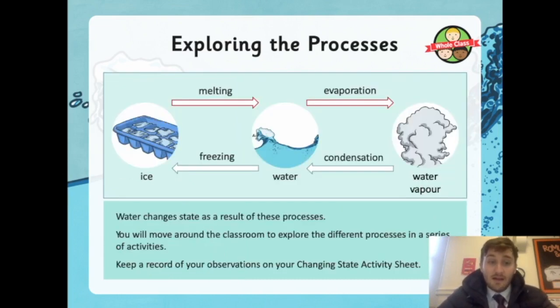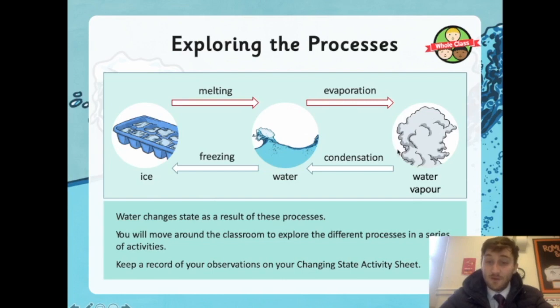So now this is just a diagram explaining what happens. If this is going to the right hand side, we've got melting and then evaporation. If the temperature is above 0 degrees Celsius, the ice will turn into a liquid. And again, if the temperature is still above 0 degrees Celsius, it will then evaporate into water vapor.